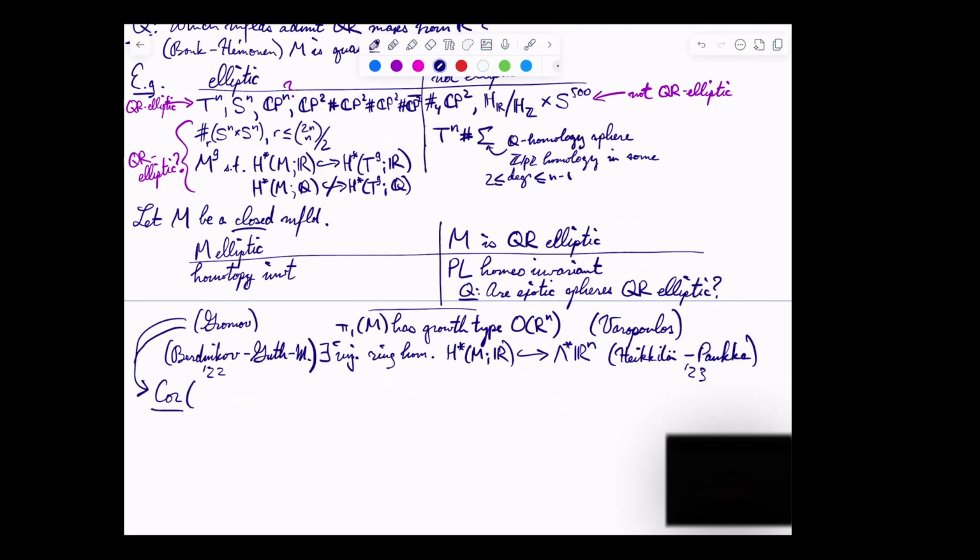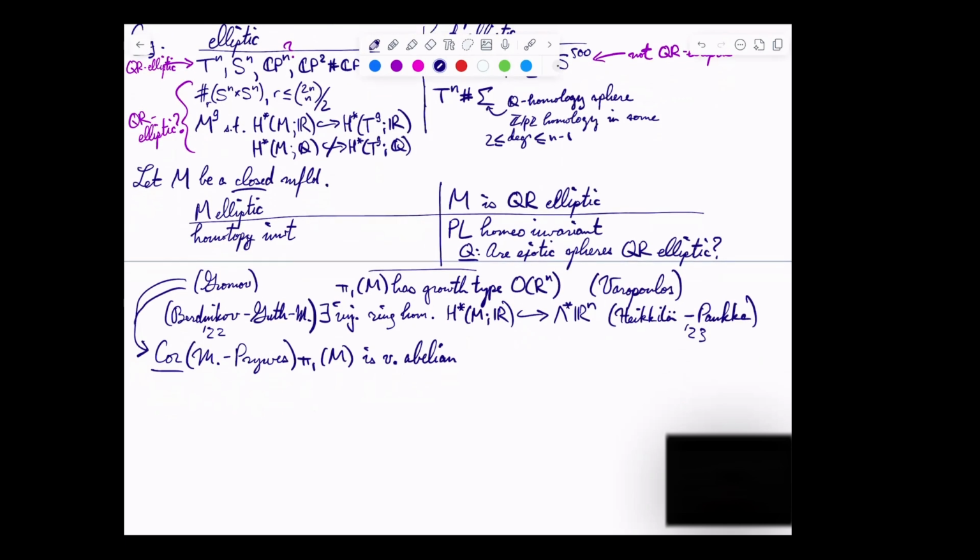And this is something that I noticed with Eden: the fundamental group turns out to be virtually abelian.